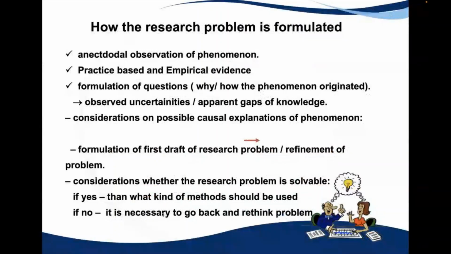Once again, I've detailed for you in greater depth how things go. When you're formulating your research problem, you go from this individual observation of a phenomenon or a research problem, and this is the anecdotal observation we're talking about. Then many of you observe things in your workspace, because we tend to engage our research in the space that we work in or in the discipline that we hope to work in.